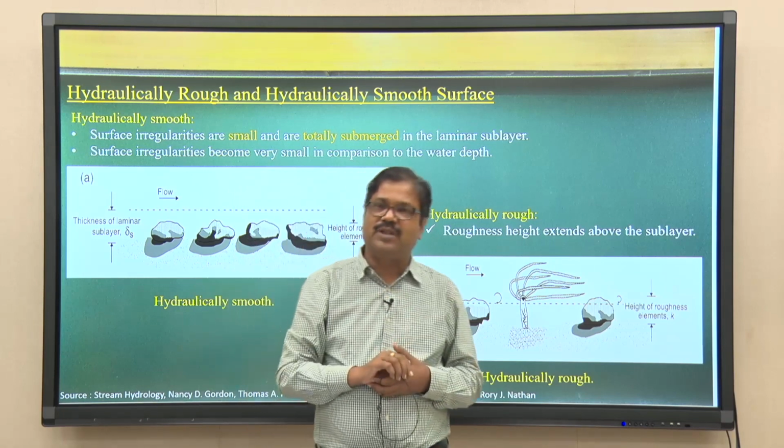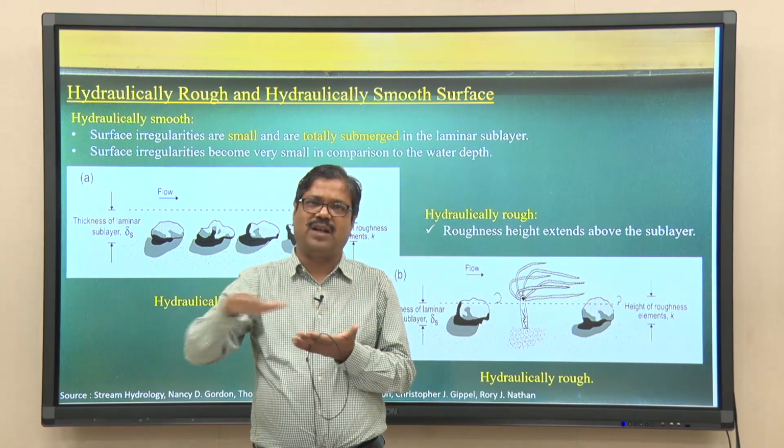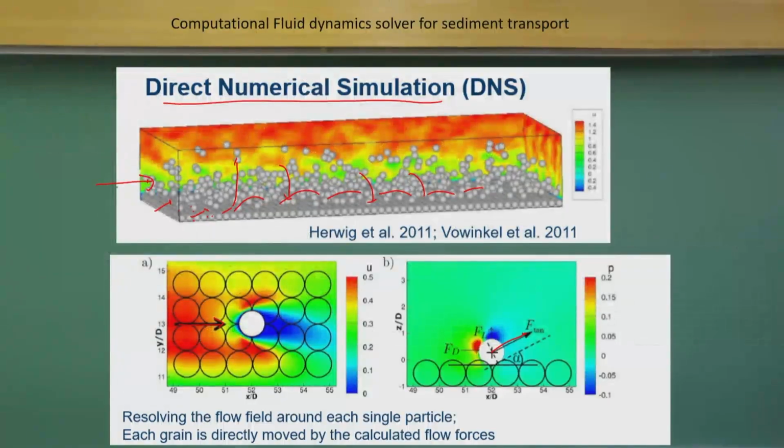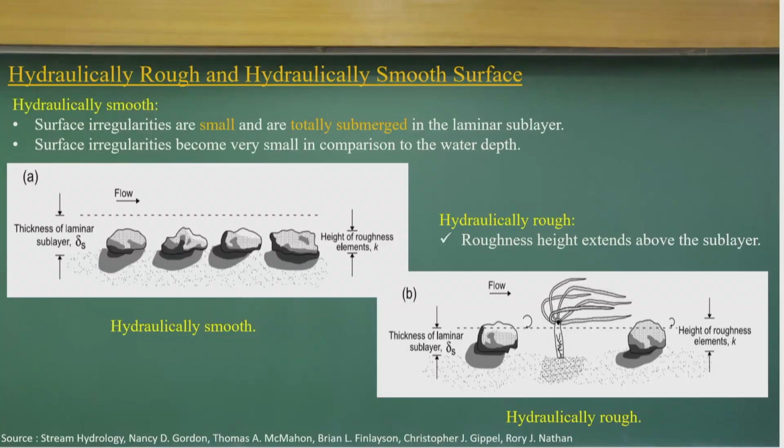The same concept we can apply: when you have a surface and the fluid is passing over it, we can find the thickness of the laminar sublayer. If the height of the roughness is k, in terms of D50 or D85 of the bed materials, that is the height of roughness.